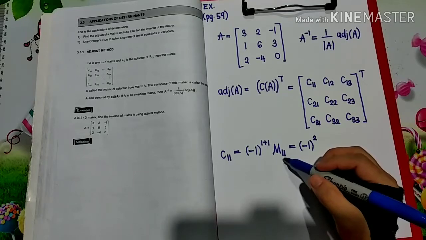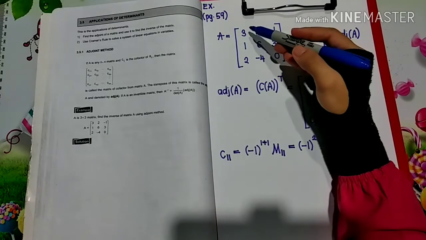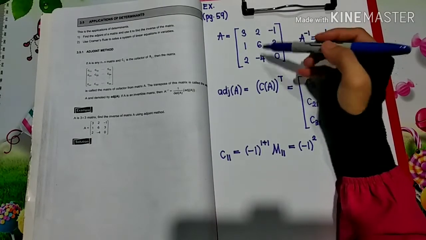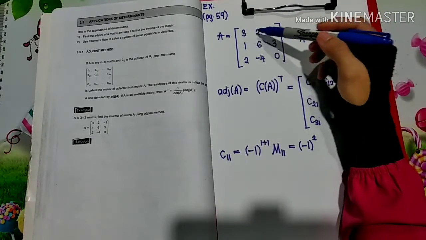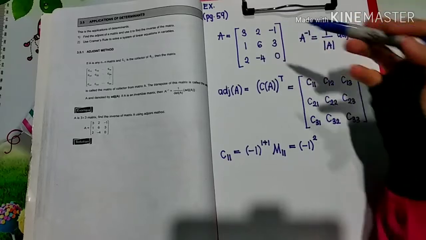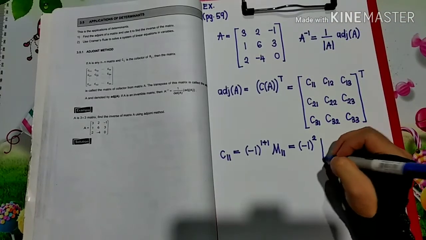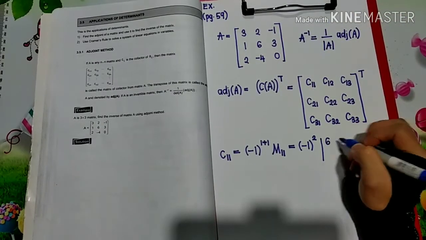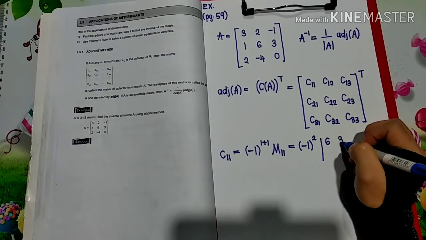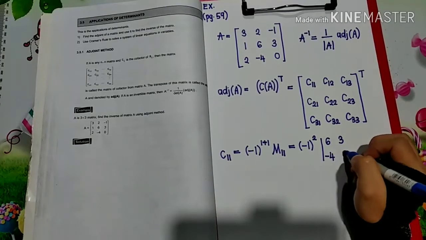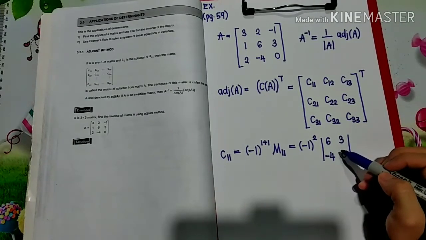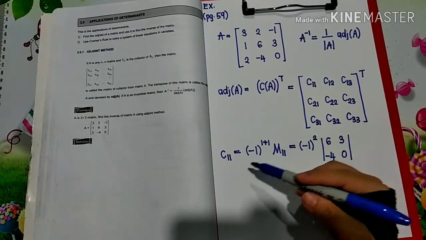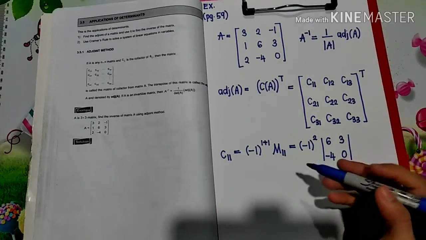And the minor here, we check the matrix A. That means you delete first row and first column. So the matrix that you will have here is 6, 3, negative 4, 0. You only left with this entry. So you solve this one to get the cofactor C11.